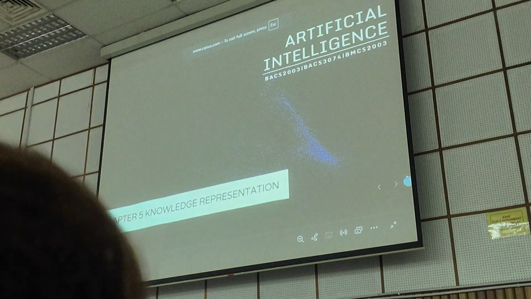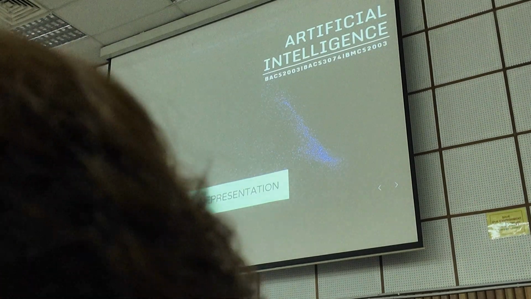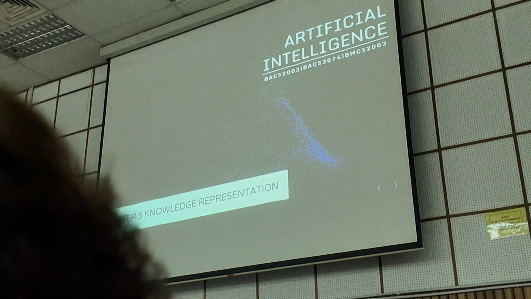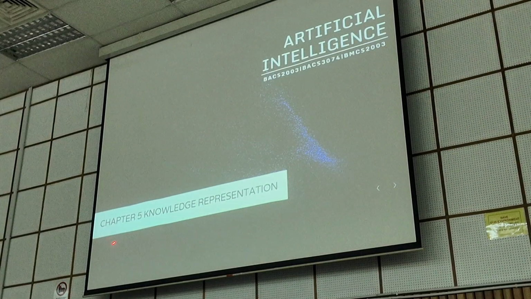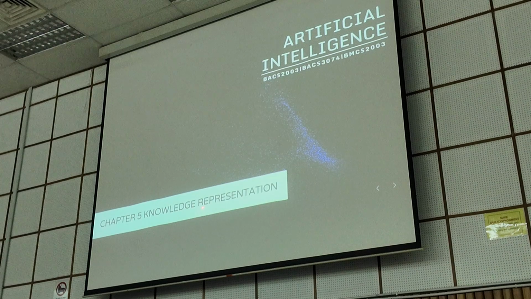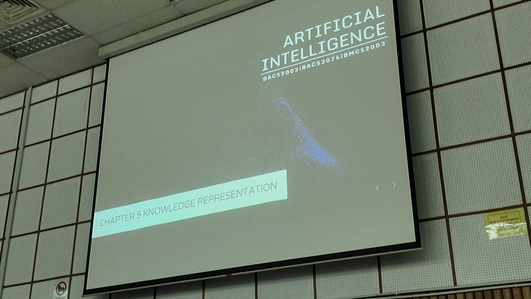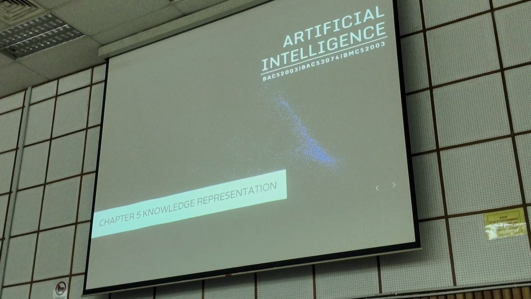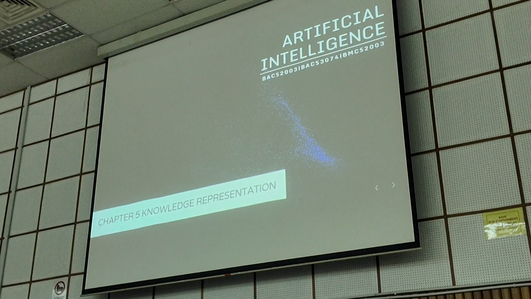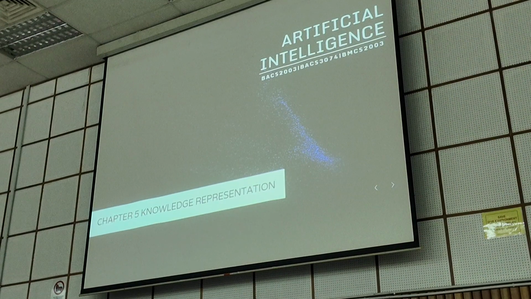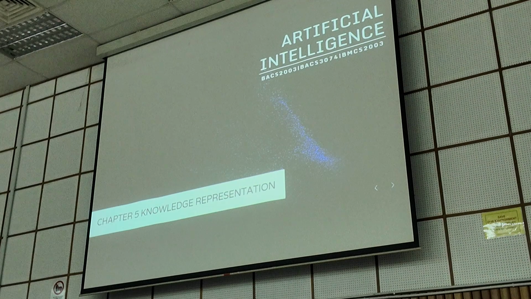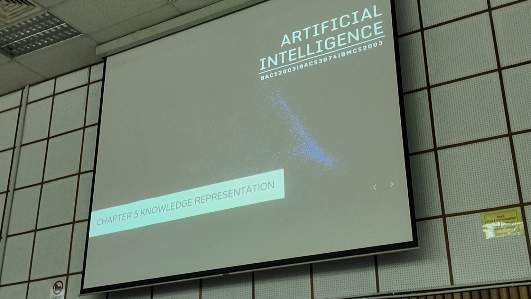And let's move on to our new topic, which is chapter number 5, known as knowledge representation. Okay, so what is knowledge representation? As you know from the topic here, knowledge representation means how are we going to represent the knowledge, how are we going to organize and store the knowledge so that the machine can really understand the real world, interpret from the knowledge, and make decisions so that it can interact with humans.